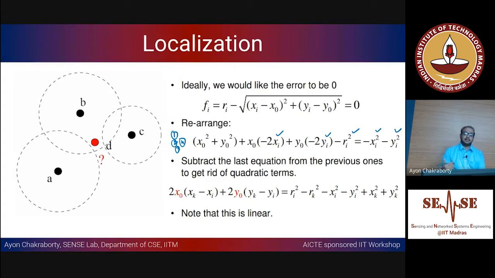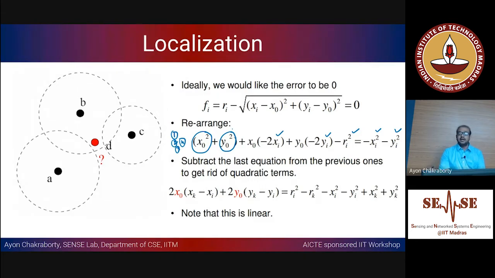So subtract one equation from the previous ones: equation 3 from 2, 4 from 3, 1 from 2, and so on, so that we get rid of the x naught squared terms. This is what we are trying to solve for, x naught and y naught. We are trying to linearize this equation, because with x naught and y naught squared it would be a quadratic, non-linear equation.